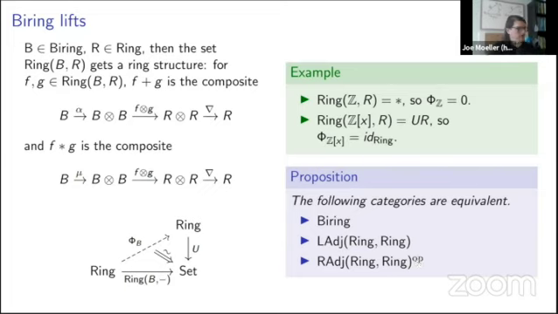There's an op here, but that's just due to the maps being given by the precomposition, and also left adjoints if you didn't want an op there. So the category of birings is equivalent to the category of right adjoint endofunctors on the category of rings, and this is going to give us some more structure to the category of birings.